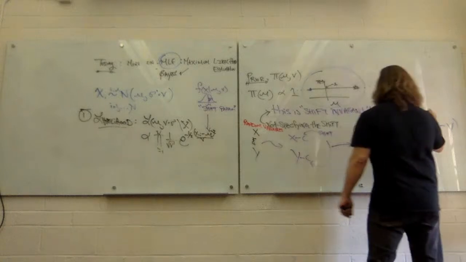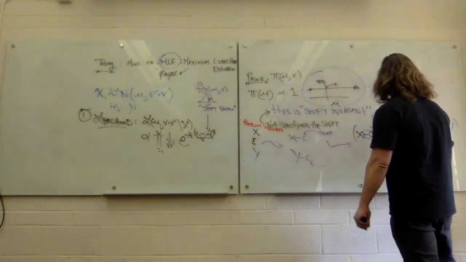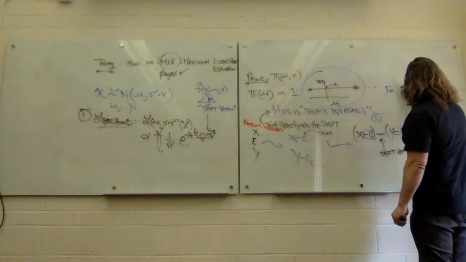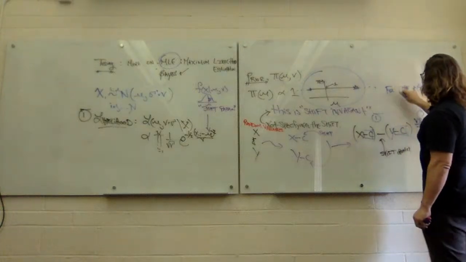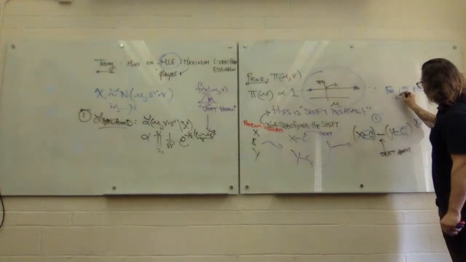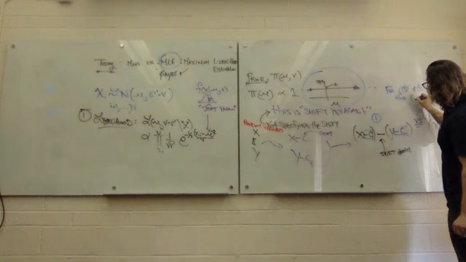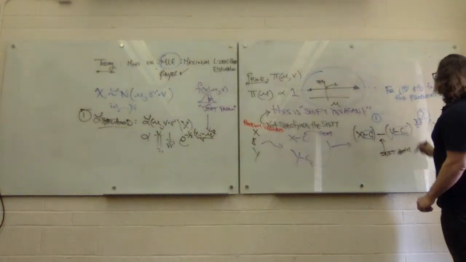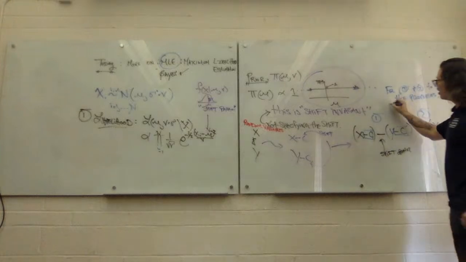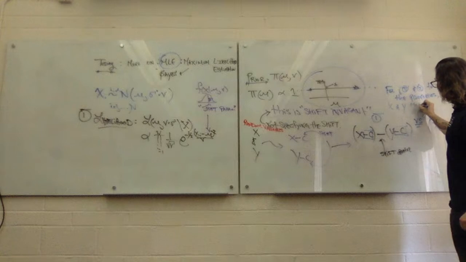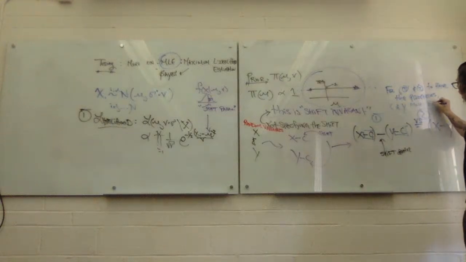For these two things, 1 and 2, to have the same distributions, the same properties, X and Y must be flat.